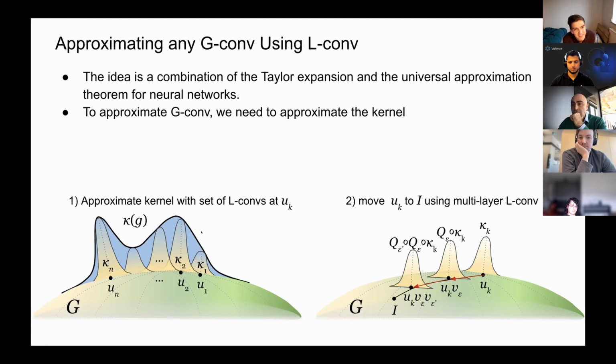Is there a relation to the field of view, so to say, of a CNN and the number of layers? Yeah, exactly. As in the CNN, when you increase the number of layers, you can increase the field of view, the kernel size, basically the coverage of one kernel in the higher layer can cover a large area in the lower layer.